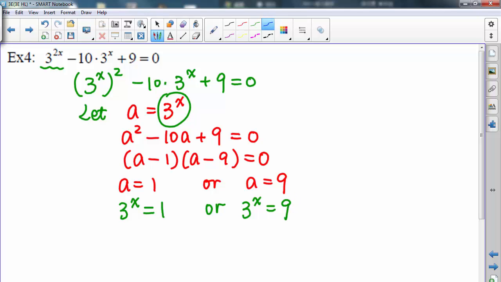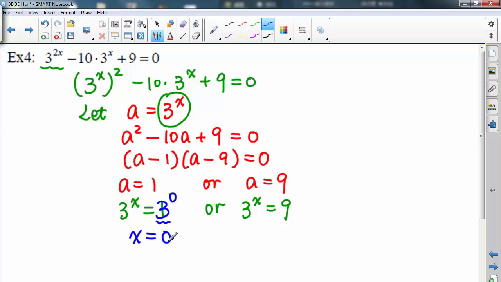So let's look at if we can change this side to a power of 3. We all know that 1 can be converted to 3 to the power of 0. So right now on both sides, I have two powers and they have the same base. I can ignore the base.